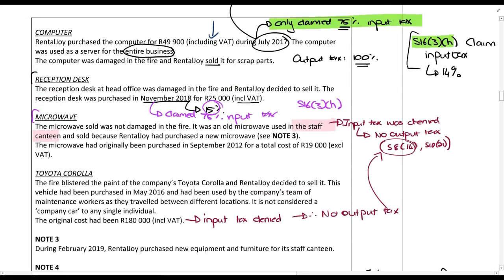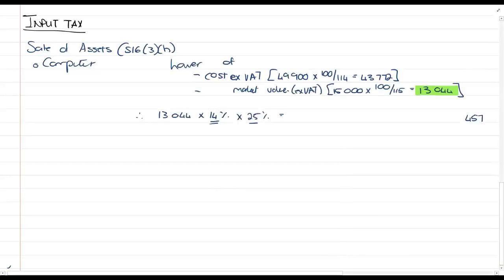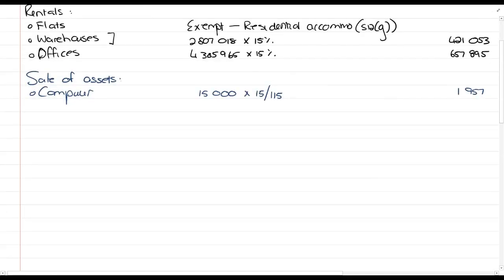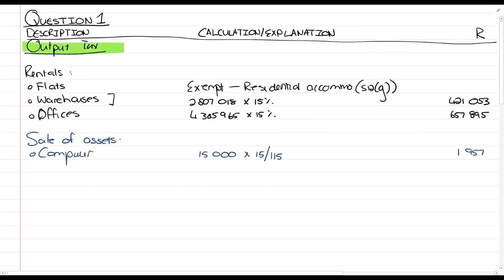Remember, the reception desk, same story, but it makes it a little bit easier here because here the VAT when we purchased it was also 15%. So let's do the reception desk. This one should be a little bit easier. So we go back to our output tax. We have our reception desk that is being sold.